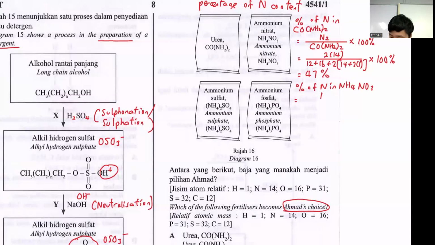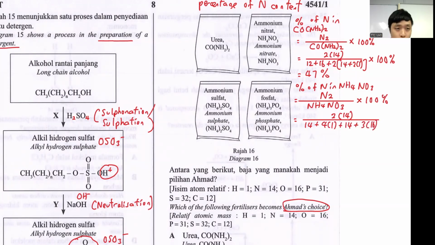It means again, you got 2N at the top. In the formula, total NH4NO3 times 100%. So 2 times 14 on the bottom: 2 bracket 14 plus 4 times 1 plus 14 plus 3 times 16.